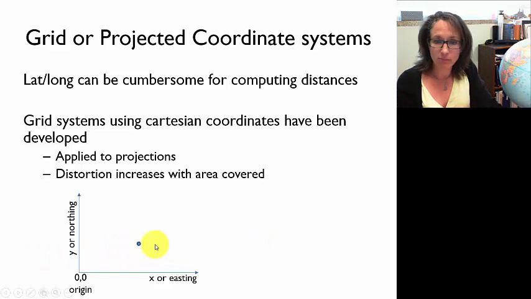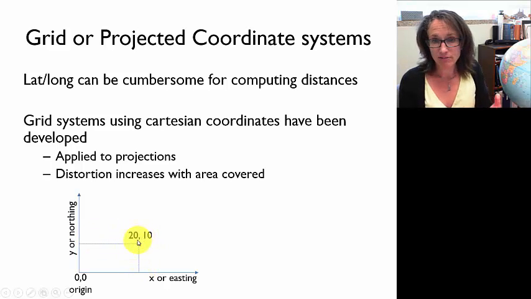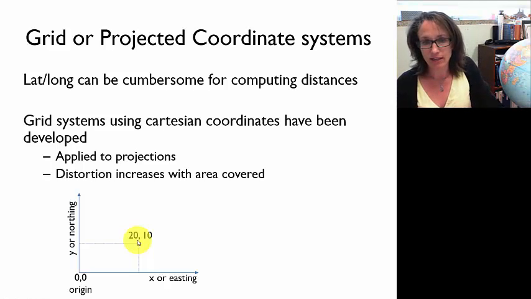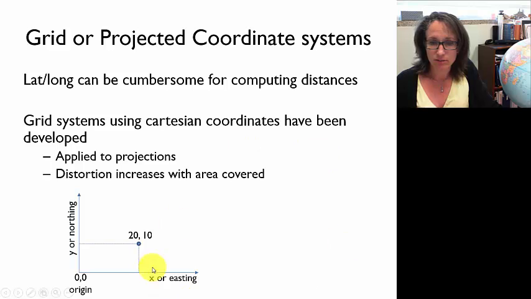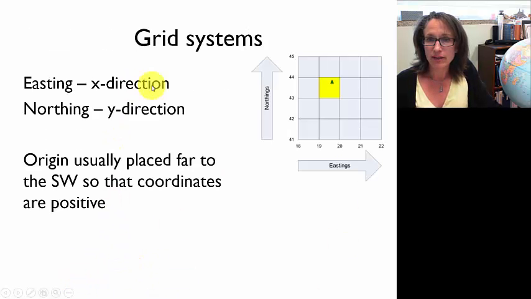And so now, if we have a point here, and we want to know the coordinates for that point, we go to the axes and we get our coordinates. And they'll be in feet or meters, a unit that's a lot easier for us to understand and a lot easier to use. So we have our grid.